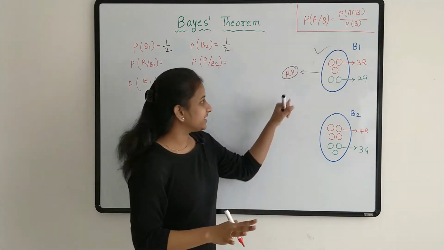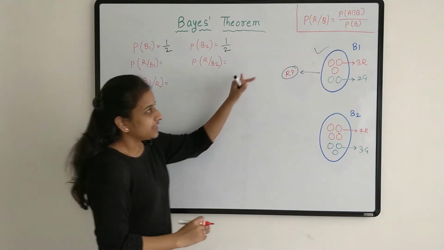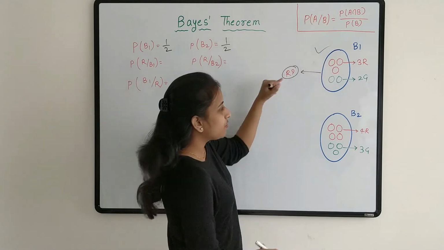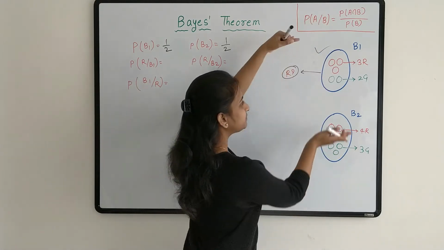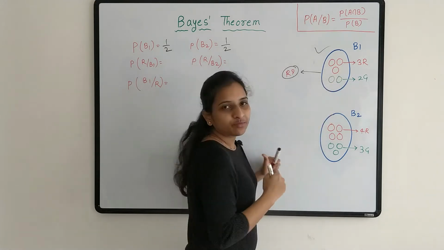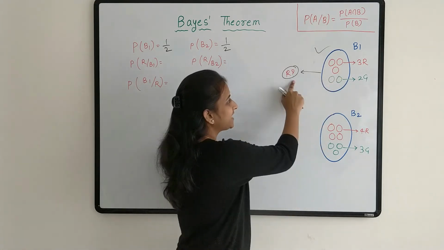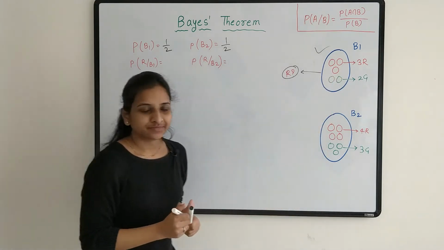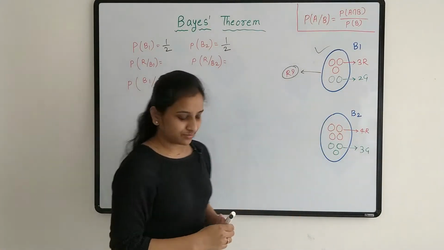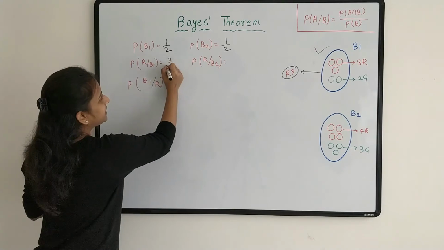That we have to find. See, one bag is already selected, the first bag. Then what is our sample space? The sample space gets reduced to this, so there are 3 red balls and 2 green balls. What is the probability of selecting a red ball? 3 favorable outcomes out of 5 outcomes, so 3 by 5 is the probability, right?